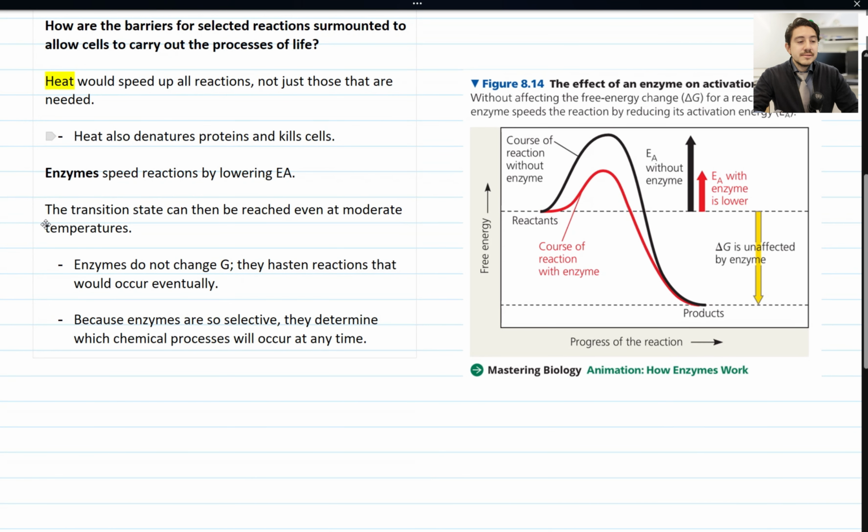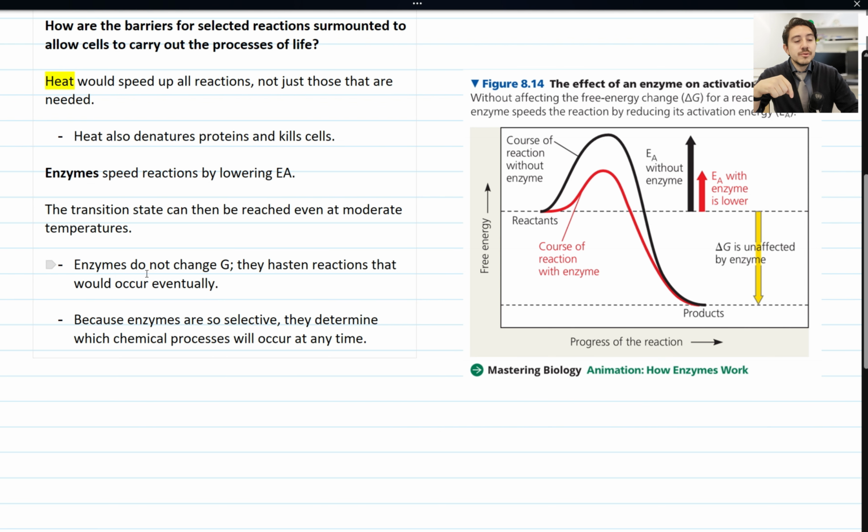So enzymes arose to speed up chemical reactions without necessarily any input of other forms of energy like heat, by lowering the energy of activation. And the interesting thing about enzymes is that they're very specific to different compounds, as we're going to take a look at. So enzymes can help lower the activation energy to moderate temperatures.